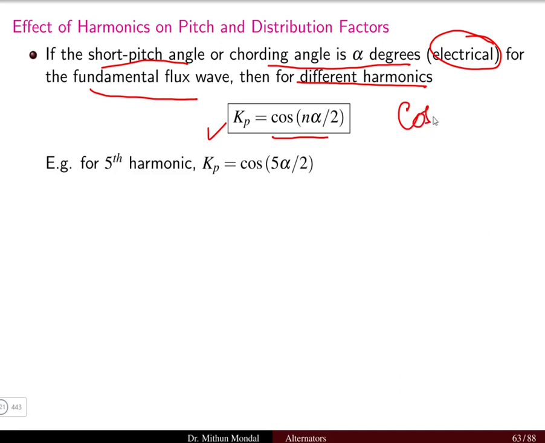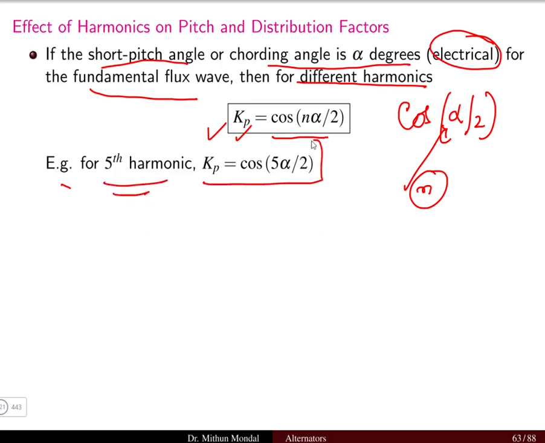We know that Kp is cos(α/2), so multiplying by n, the harmonic component, we get Kp for any harmonic. For example, for the fifth harmonic, Kp is cos(5α/2), where n is 5, the fifth harmonic present in the fundamental wave.